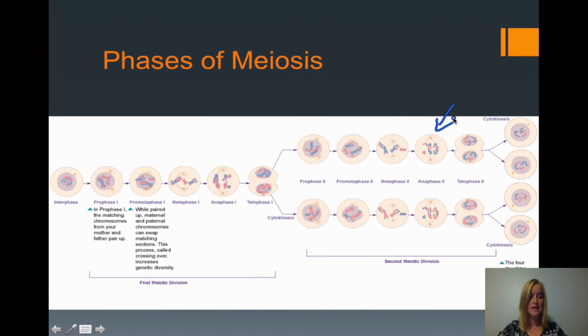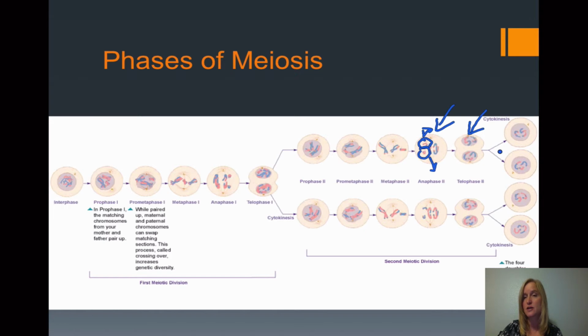Okay, so in anaphase 2, what we see is those centromeres separate, and the 2 chromatids move to opposite sides of the cell. And so you can see here, it's kind of small, but these chromatids have now separated, and they're each moving to either side of the cell. Then in telophase 2, we end up with the genetic material on either side of the cell.